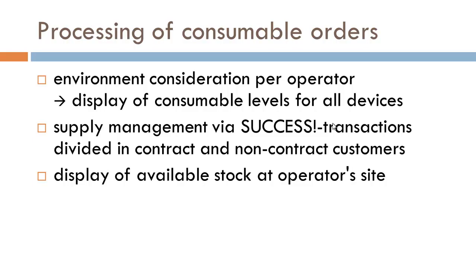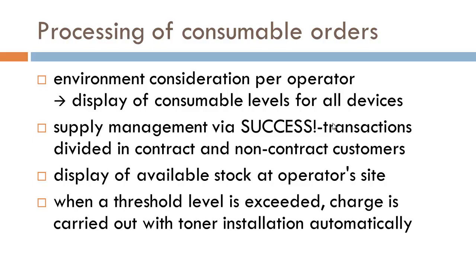He has put it into a different stock location, he has put it in a different machine that's maybe not in contract, or he has sold it via the internet to some other customers. All this you don't know today, and this solution with Success ERP and FMAudit gives you the possibility to manage the stock at the customer's operator side.